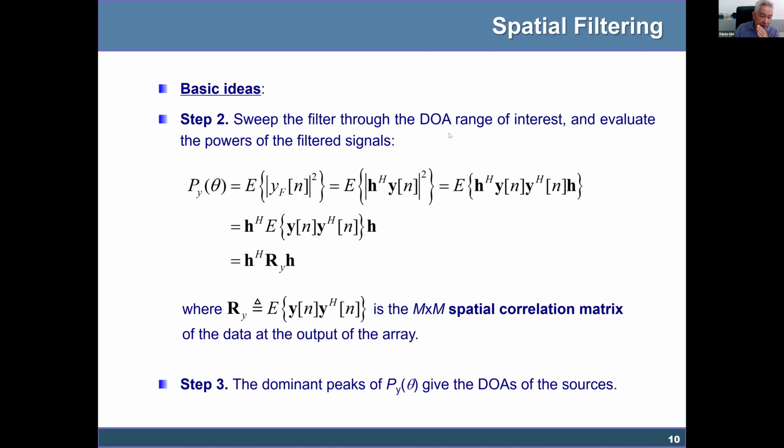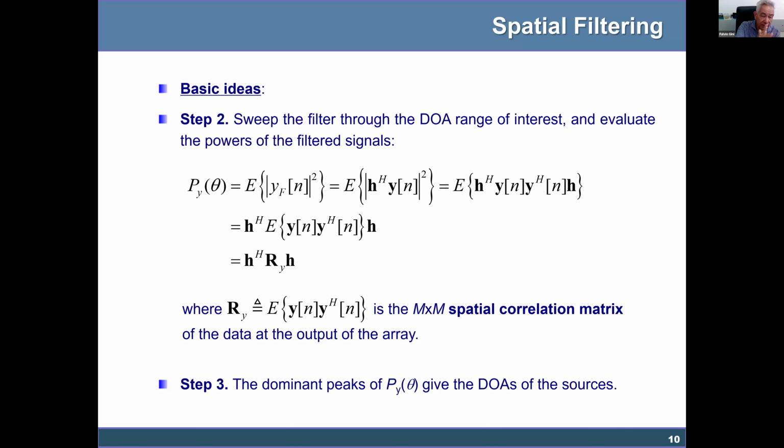The second step is to sweep theta in the interval of angles of interest, so the range of interest, and calculate the power at the output of the filter. So we measure how much power comes from a given theta, how much power comes from another theta, and so on, for different values of theta.